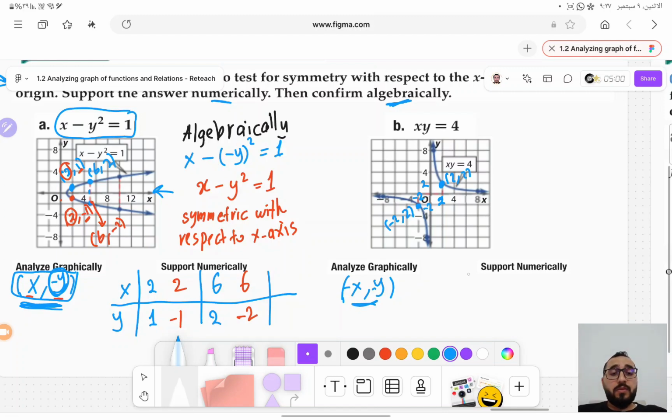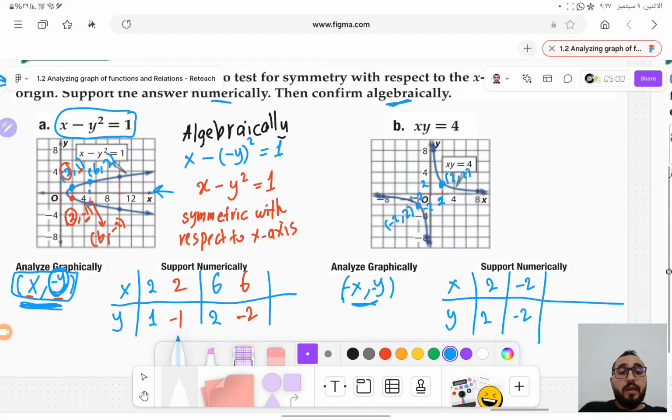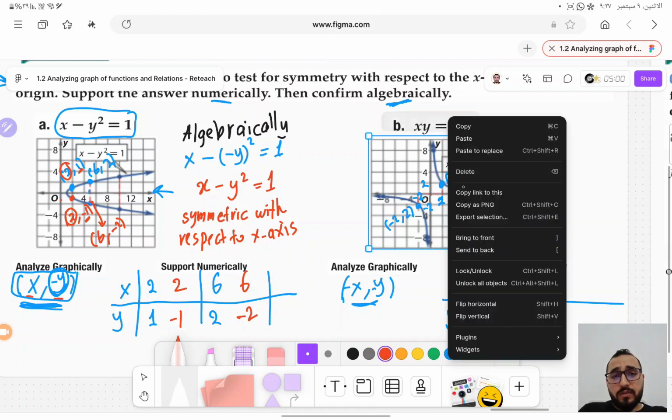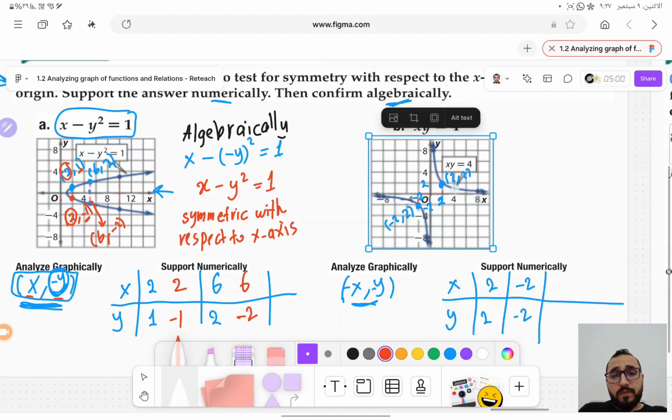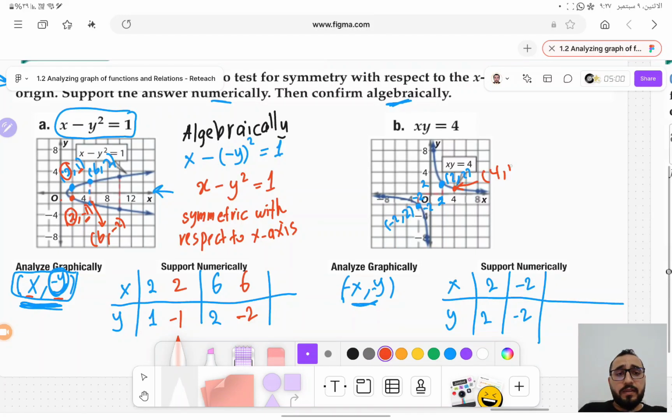How can I support it numerically? You have to make a table as I told you, and now pick random numbers on the graph. So for example, I pick 2 and 2, and on the other side I pick -2 and -2. Even if you pick any point on the graph, let's say I pick a random point here, this point will be 4 and 1.